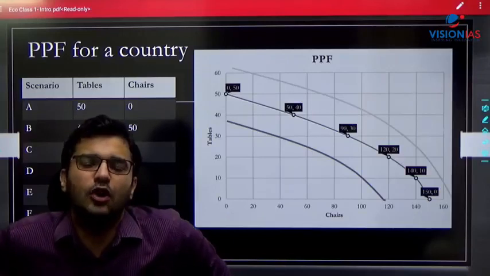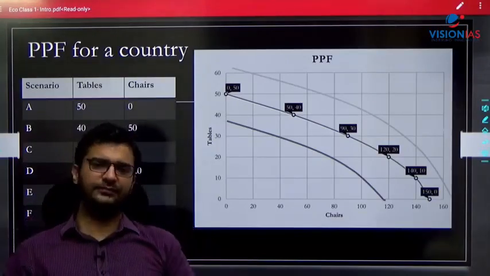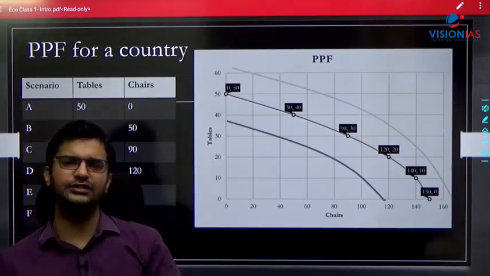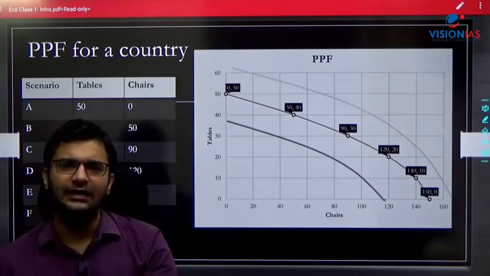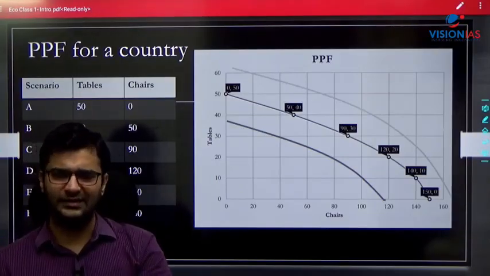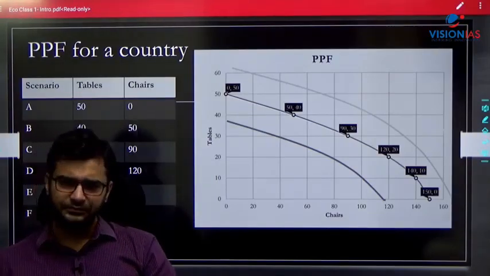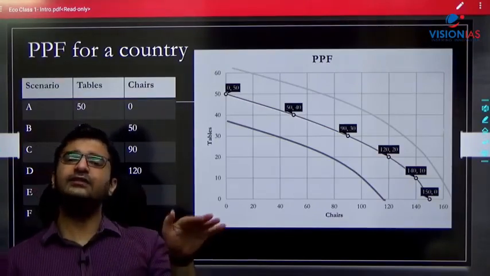What is the optimal output of our country? We'll discuss in national income accounting what GDP is, but India's GDP is around $2.9 trillion. Everybody will have a different connotation.